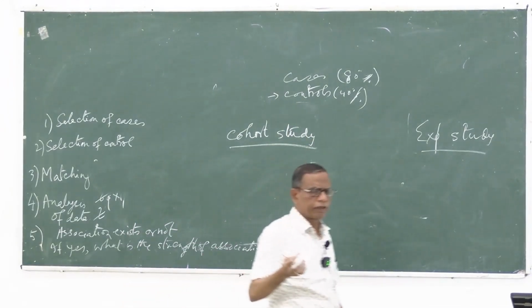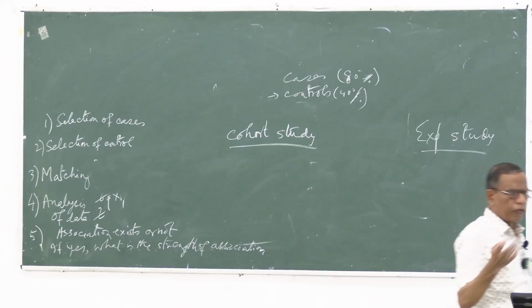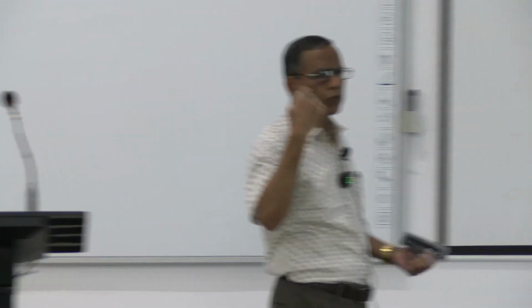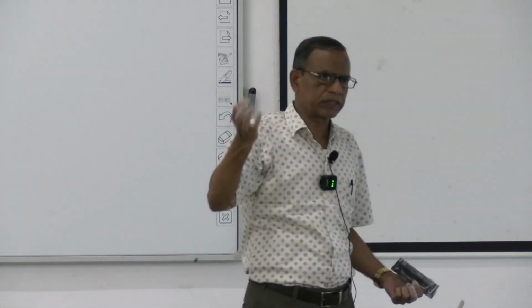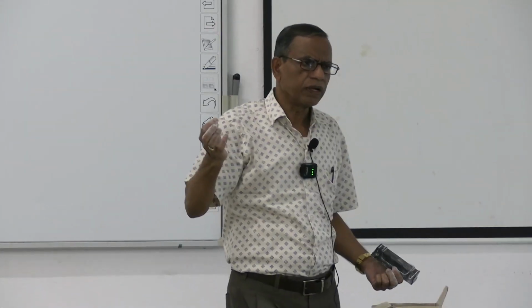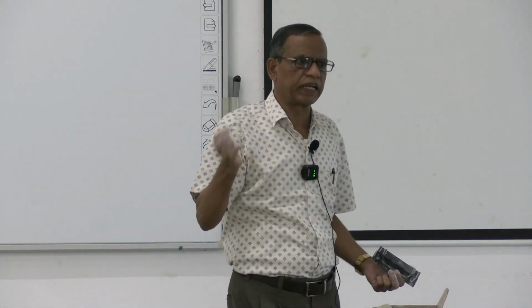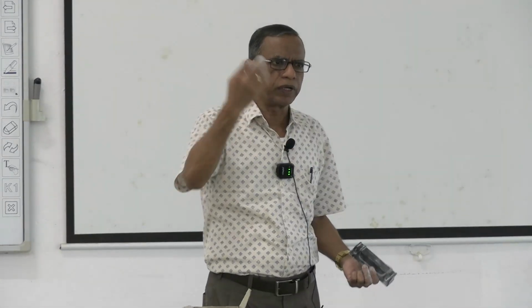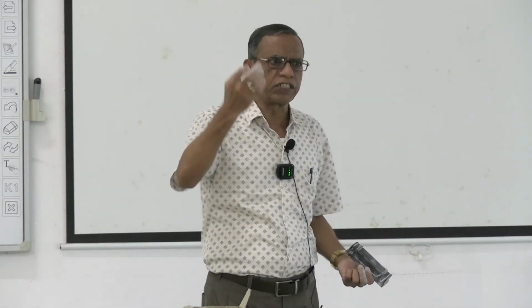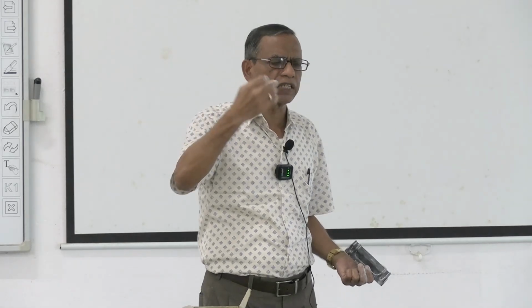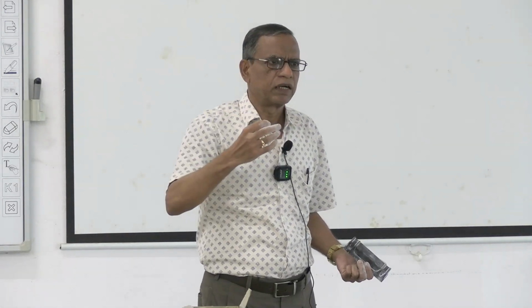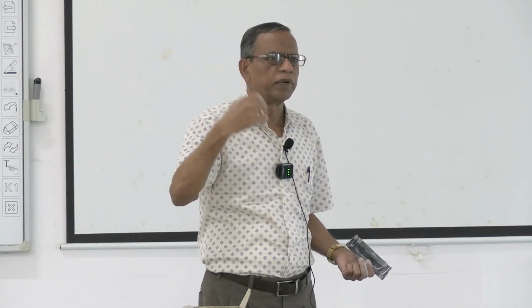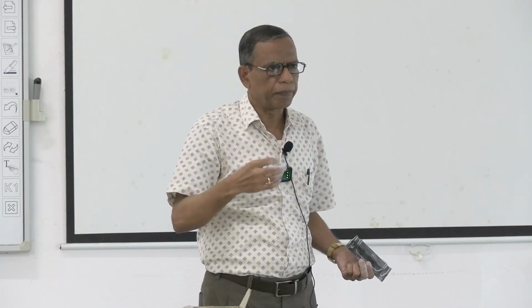In case control study, after selection of cases and controls, we take detailed history. So we go back. That's why it is a retrospective study. Another name of case control study is a retrospective study, because we take the history of smoking, last 20 years or last 30 years, how many people are smoking, how many cigarettes are smoking per day.